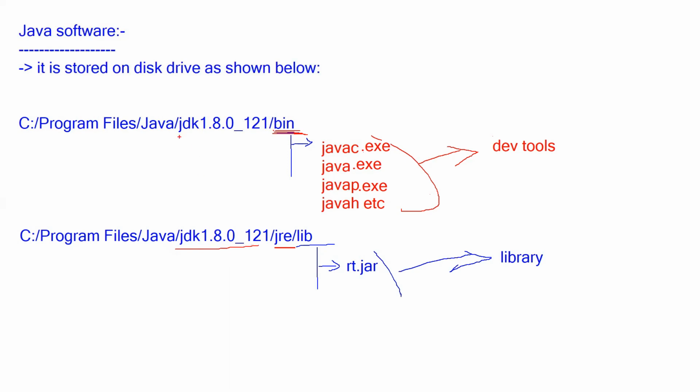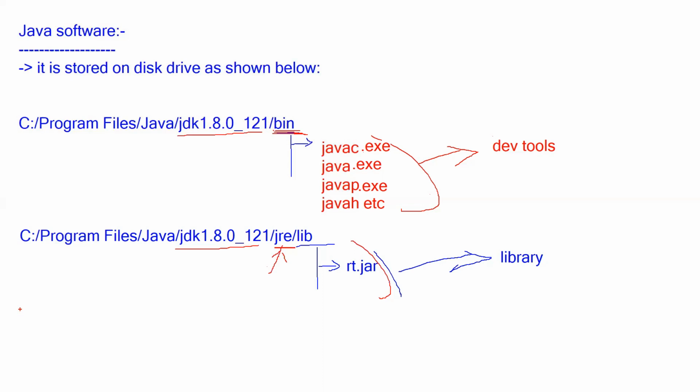So it is also present in the JDK. Under the JDK, there are dev tools, and there is a JRE, and there is a library also. So this is how the Java software will be installed on the machine. And not only that, the JRE can be installed outside the JDK also as a public JRE.